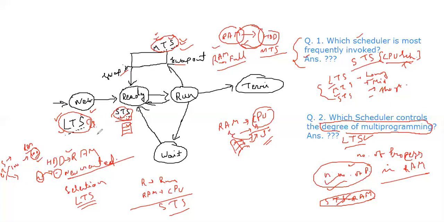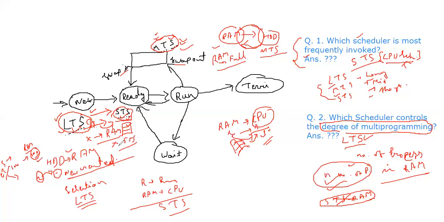As I said earlier, the degree of multiprogramming is the number of processes you can have in RAM, and who sends processes to the RAM? That is the long-term scheduler. The long-term scheduler selects processes from new and sends them to the RAM. So if the long-term scheduler sends X processes to RAM, then only these X processes will be scheduled by the short-term scheduler.